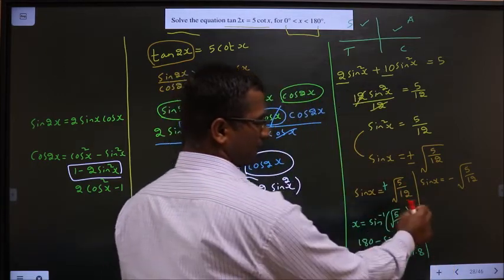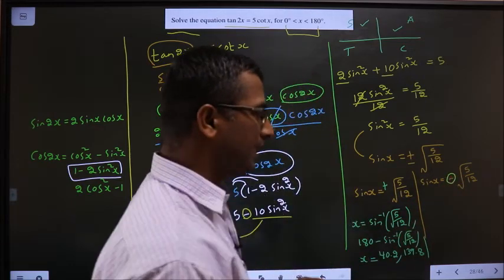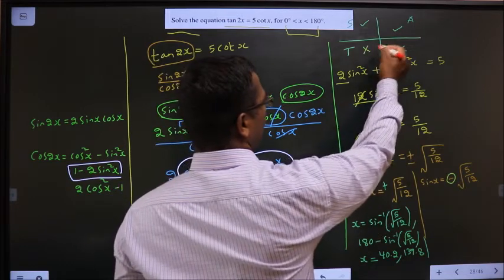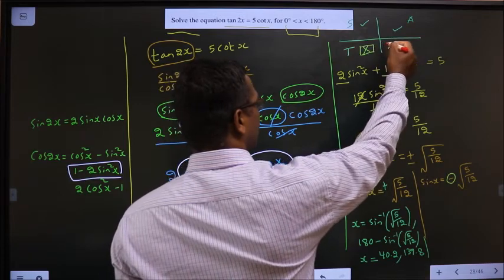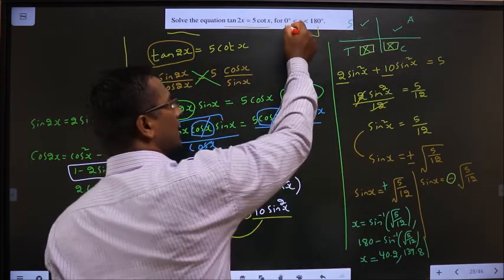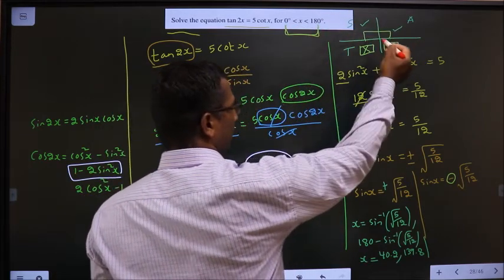Okay, now see here. Here sin is negative. So now I should check where all sin is negative. Sin is negative here and here. So I should find an angle over here and over here. But here you see, the given interval is from 0 to 180, means from here till here only.